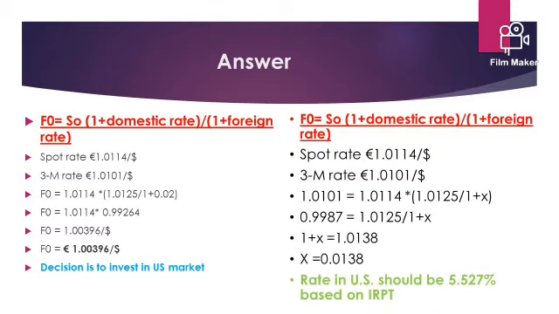If we invest in the US market, we will bring our dollars into the market and sell them. So by either method, the conclusion comes to we should invest in the US market. Now in the next part of this video, let us understand how to grab this opportunity, what to do, and what would be the arbitrage gain.